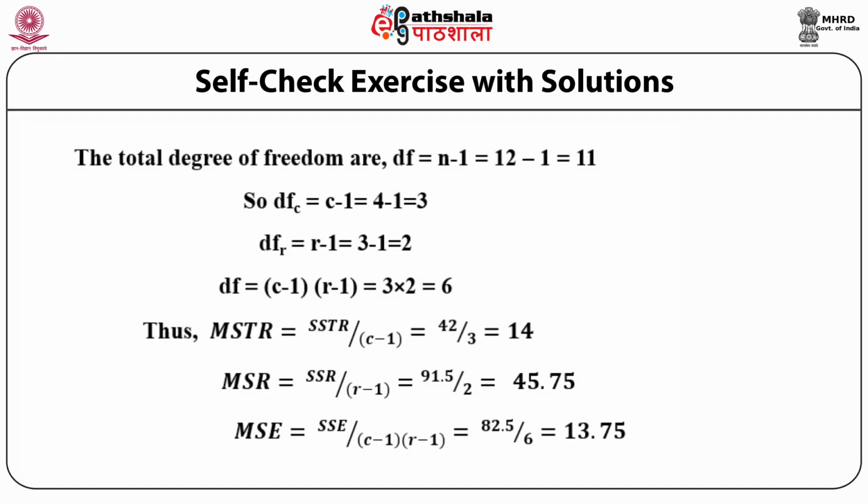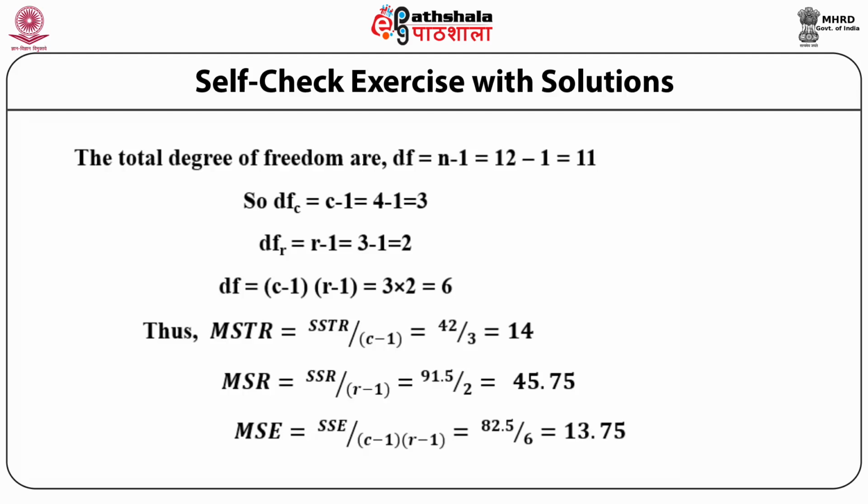For columns it is C minus 1, there are 4 columns, so 4 minus 1 is equal to 3, and for rows, since there are 3 rows, it is 3 minus 1 is equal to 2. Multiplying these two degrees of freedom, we get C minus 1 into R minus 1, that is 3 into 2, and that is the residual error, as we defined previously.